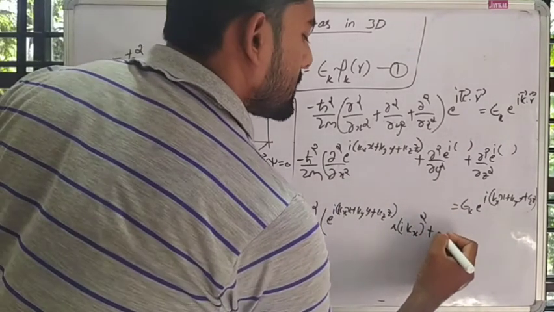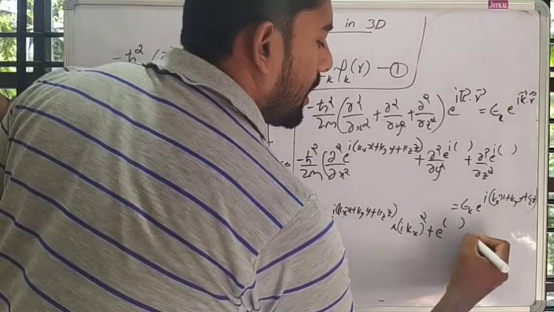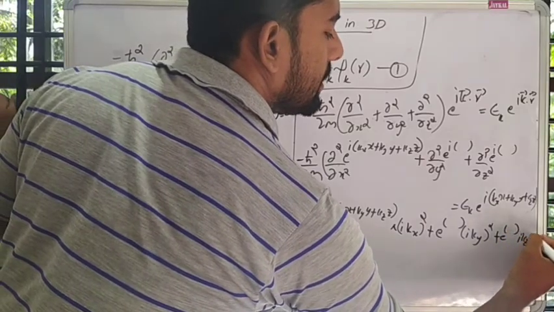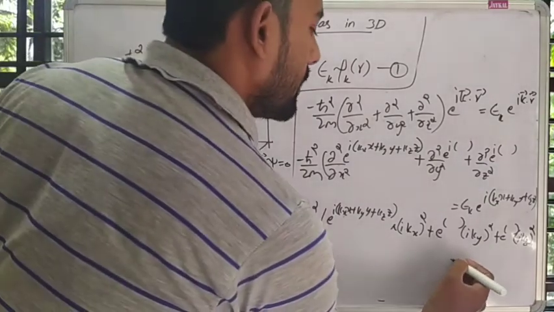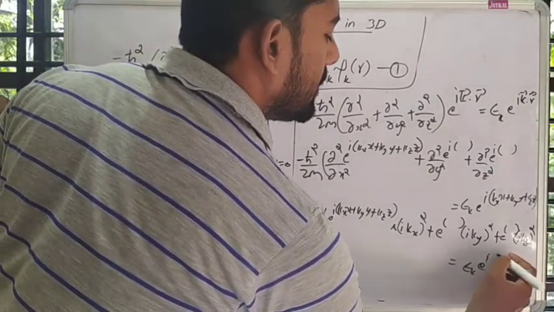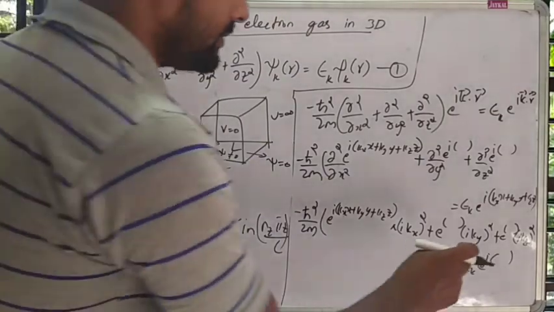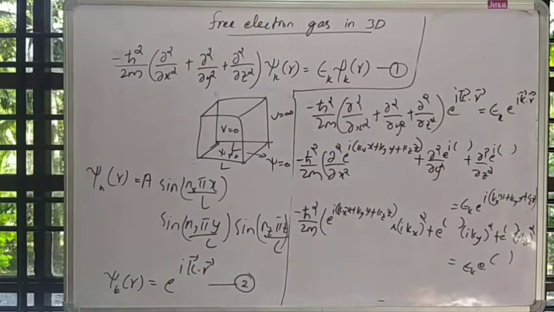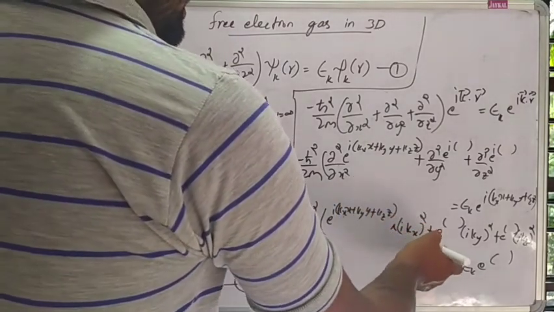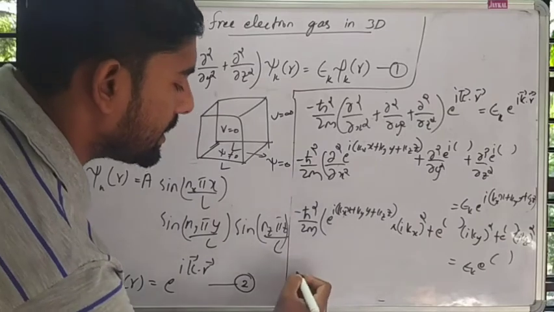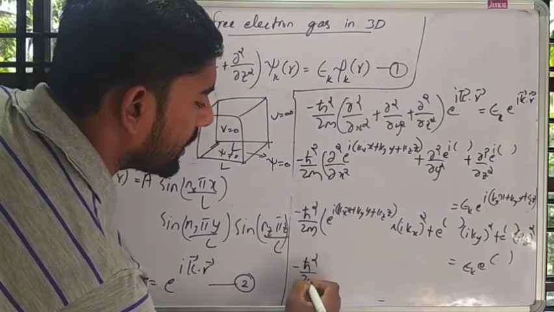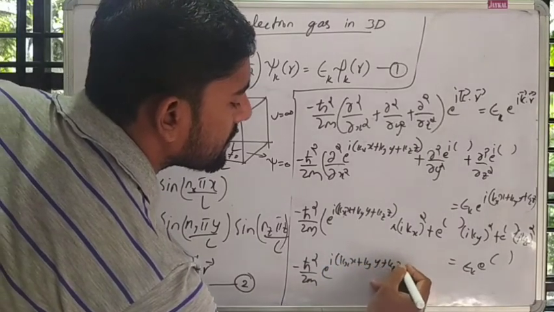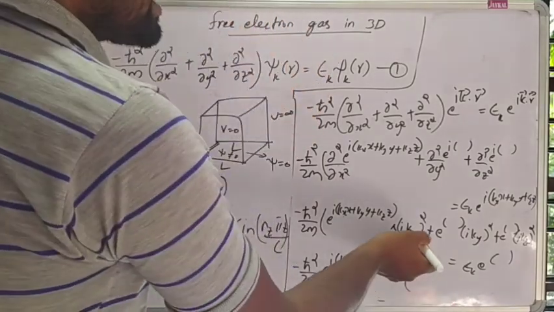Okay, plus e raised to the similar thing into (i ky) whole square plus e raised to the similar thing into (i kz) whole square is equal to E_k into e raised to i, the similar thing, (kx x plus ky y plus kz z). Okay, and we can take this outside, that is minus h bar square over 2m into e raised to i (kx x plus ky y plus kz z) into minus i kx square.